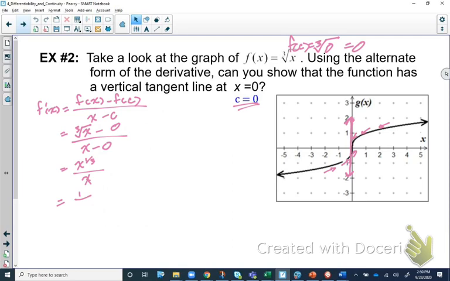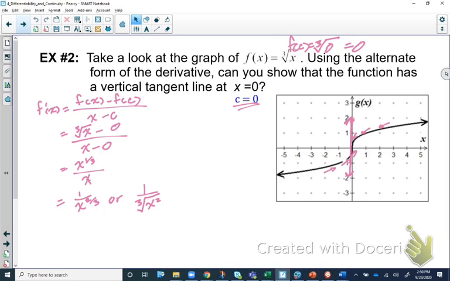So that'll give me 1 over x to the 2/3 power, or 1 over the cube root of x squared, however you prefer to think of it. So show that the function has a vertical tangent line at x is equal to 0.